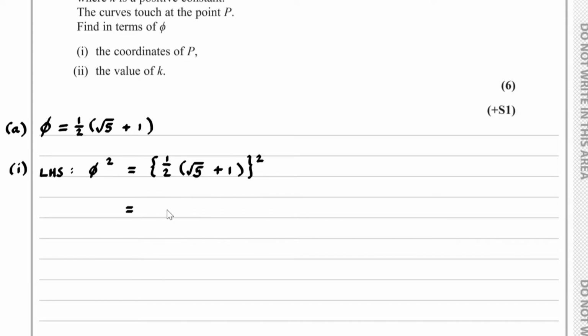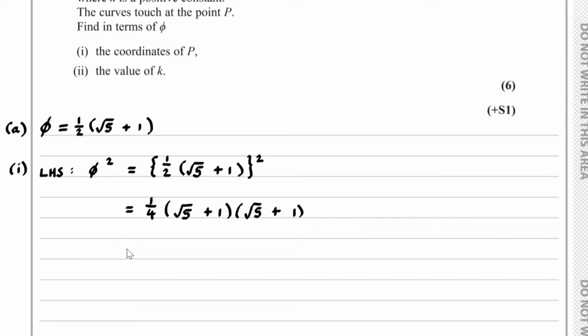And so 1/2 all squared is a quarter. So we've got 1/4 multiplied by root 5 plus 1 all squared, which I'm going to write as root 5 plus 1 times root 5 plus 1.